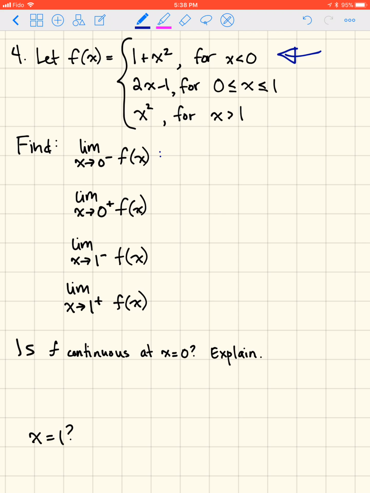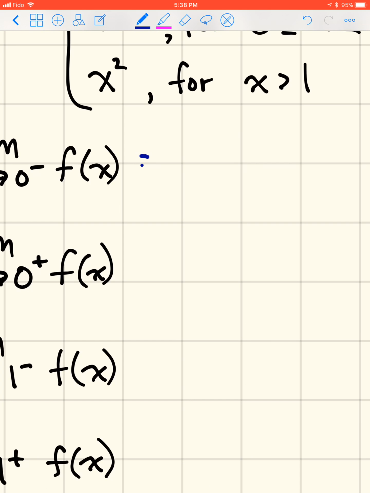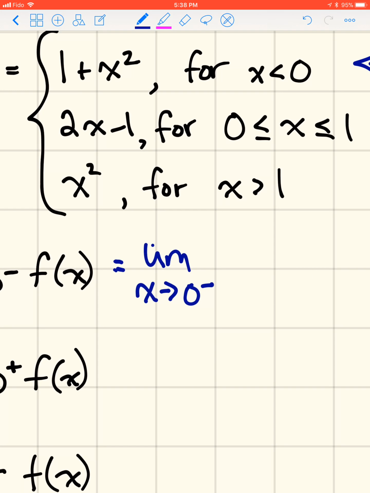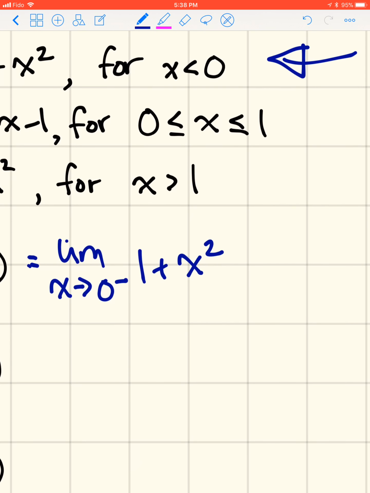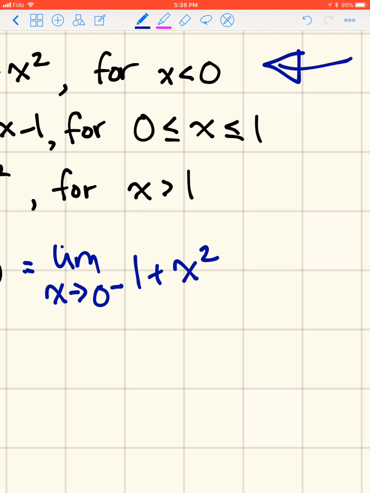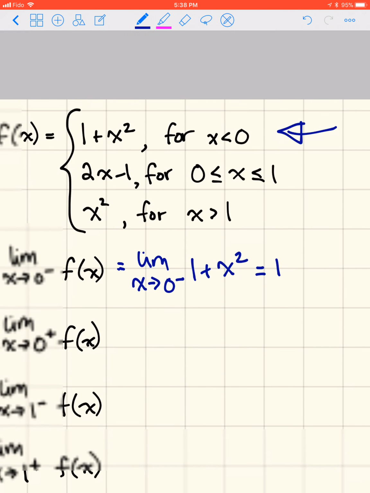So the limit here is the same as the limit as x goes to 0 from the negative side of that function, which is 1 plus x squared. Unfortunately, we're not going to run into any issues with denominators being 0 or undefined limits. We can just plug in, and we see that the limit here is, well, if x is 0, then it's just 1.